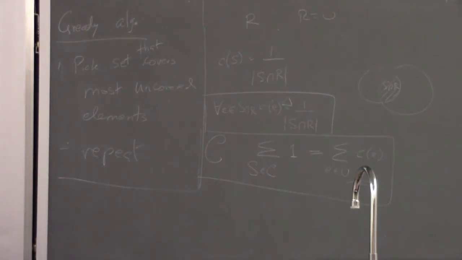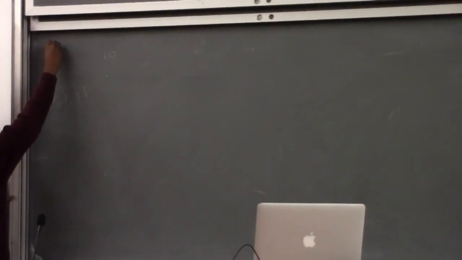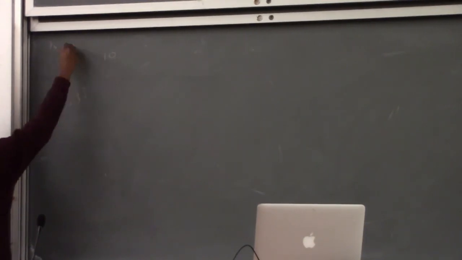So let's take an example here. Let's say I have the elements 1 up to 10. And I have a set 1, 2, 3 that I pick. S intersection R is 3. So the first 3 elements get a cost of 1/3, 1/3, and 1/3. Now let's say the next set I pick is 4 up to 10, and also has 1 and also has 2.